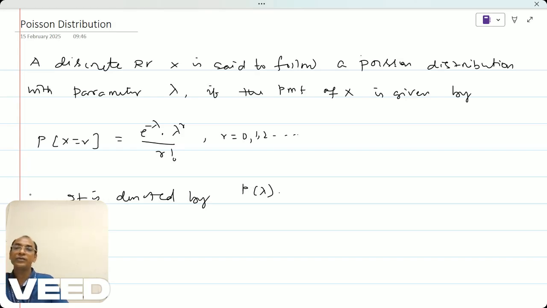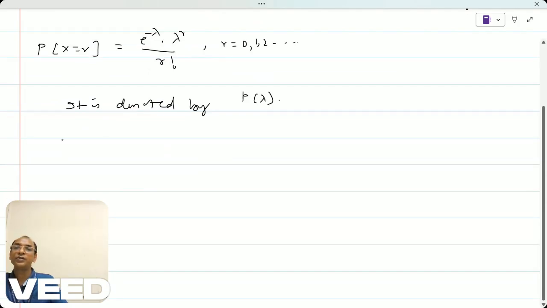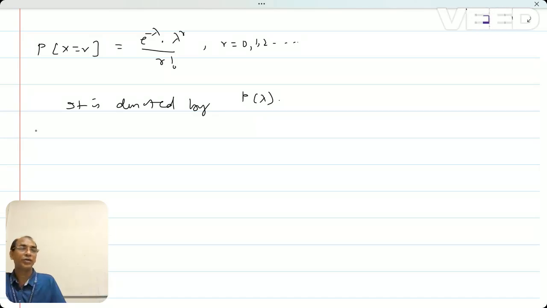Now here I want to say one thing. This Poisson distribution is a limiting case of binomial distribution. That means whatever problem we can solve using binomial distribution can be solved using Poisson distribution. Poisson distribution can be derived from binomial distribution under certain conditions.